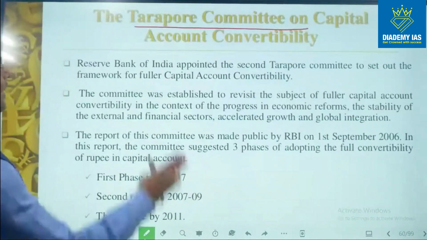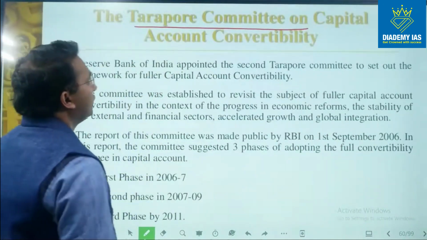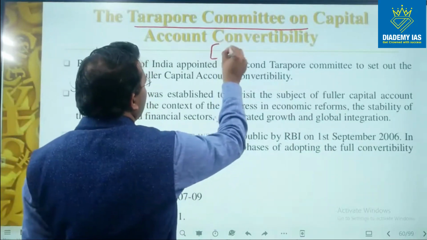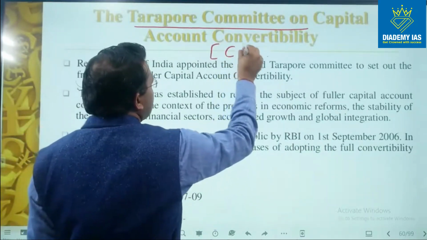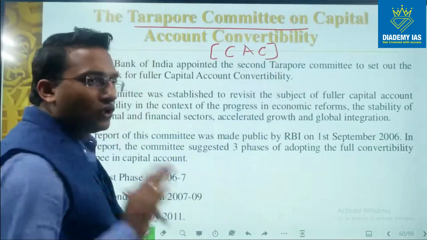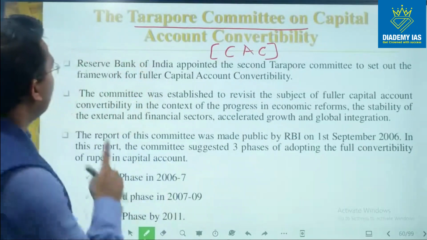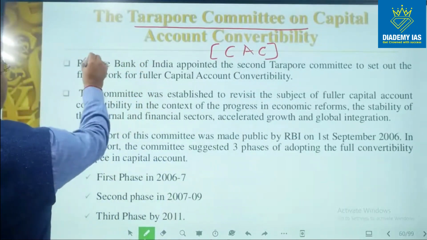The Tarapore Committee on Capital Account Convertibility. We will call capital account convertibility CAC in short. Who appointed the committee?